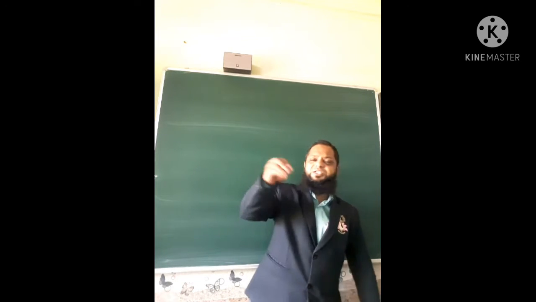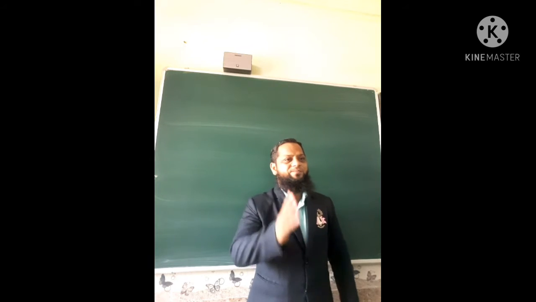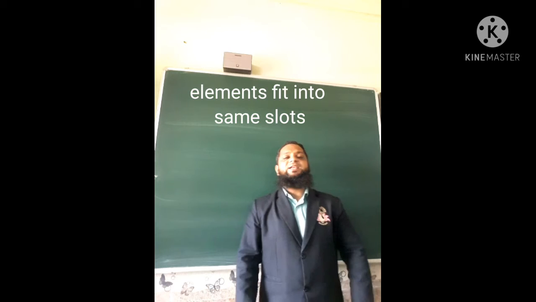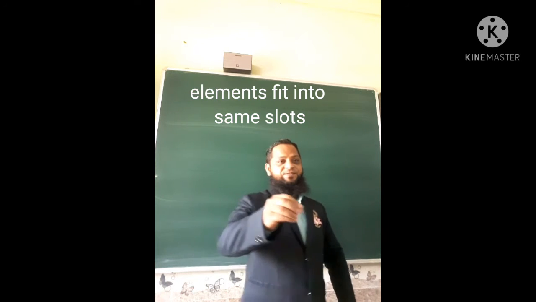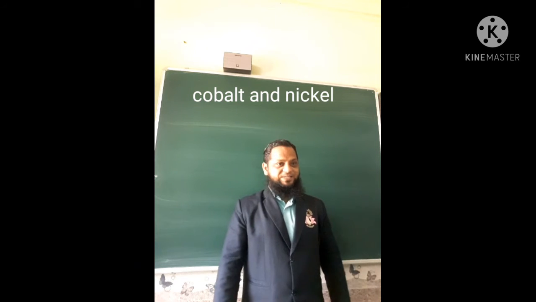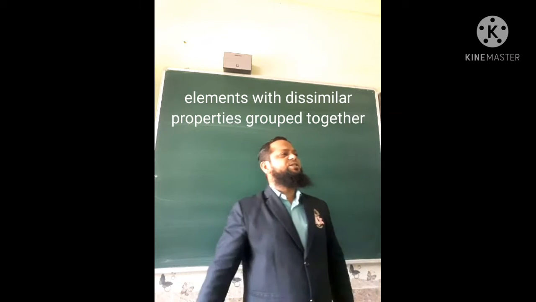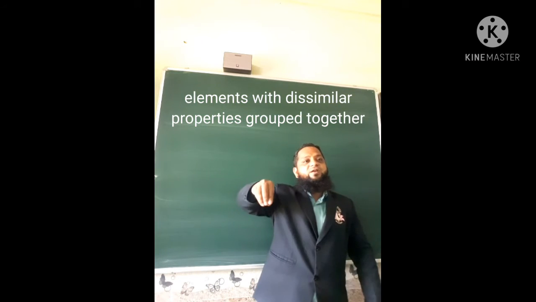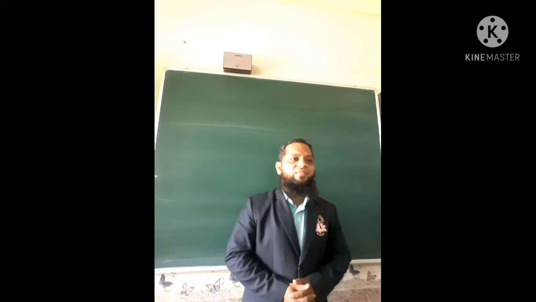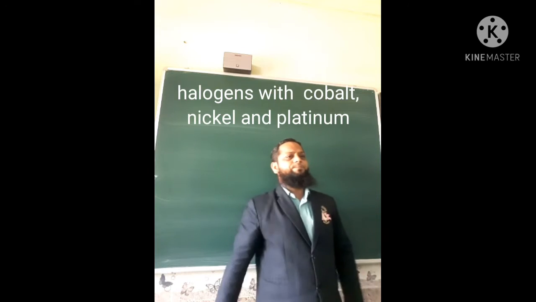Let's see the limitations of Newlands' law of octaves. Number 1. Several elements were fit into the same slots in Newlands' periodic classification. For example, cobalt and nickel were placed in the same slot. Elements with dissimilar properties were grouped together. For example, the halogens were grouped with some other metals such as cobalt, nickel and platinum.